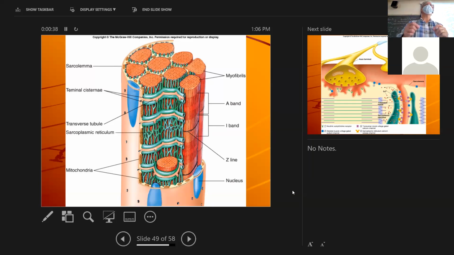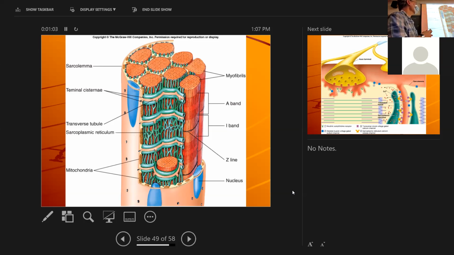These T tubules run parallel to the sarcoplasmic reticulum. So if you look at this picture here, you'll notice the sarcoplasmic reticulum forms a web-like filigree across the cell, but it has these inflations.